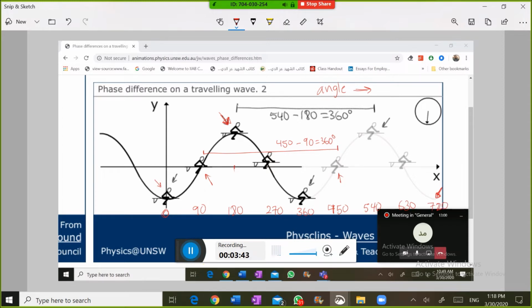If I find the phase difference, let's say this is A, this is B, it would be 720 minus 180, which is 540. If you divide 540 by 180, I will get 3. If I get an odd number, this means anti-phase.